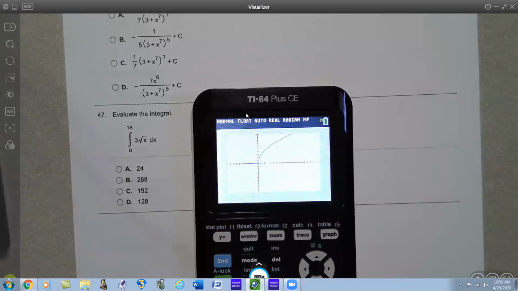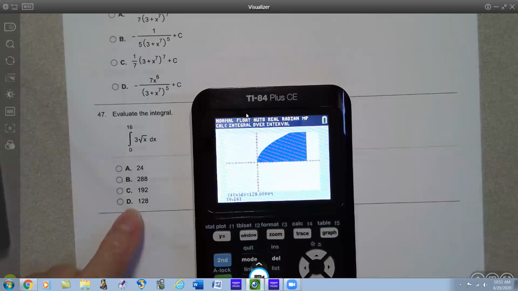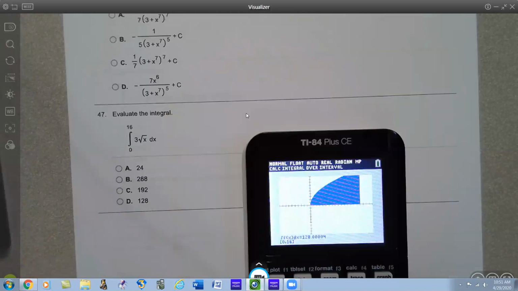Second trace for the calc menu number 7, 0 to... that's sort of cool on the screen. I would go with D. It can run out Y value wise, but X value wise, if you run up to that, it isn't going to work.